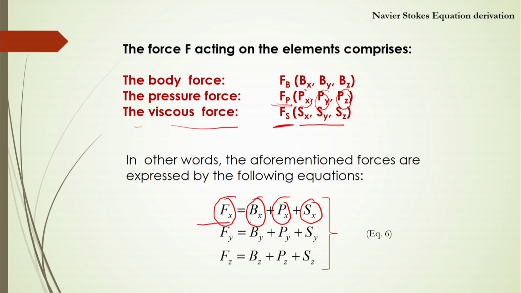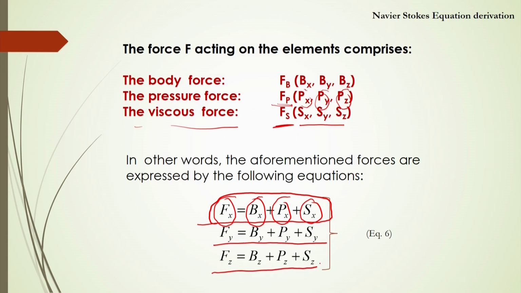So, in total, in the x direction, we take the force summation of the body force, pressure force and viscous force in this particular x direction. Similarly, in the y direction, the summation of the components of the body force, pressure force and viscous force in the y direction is to be considered here.